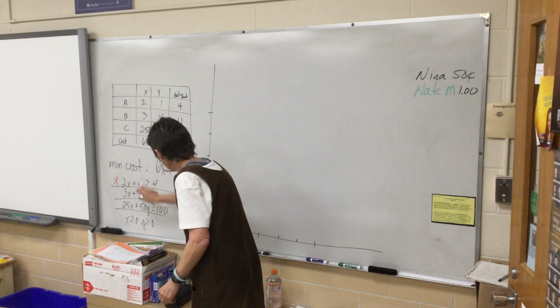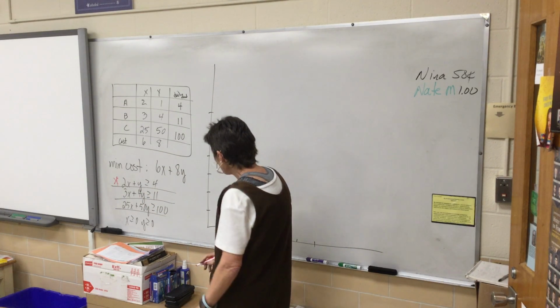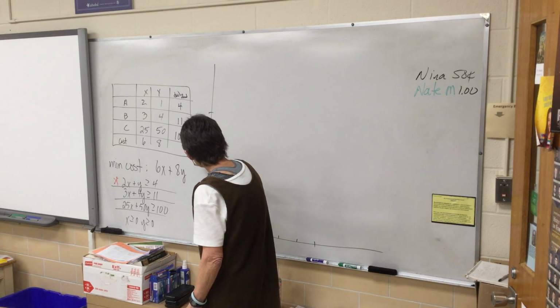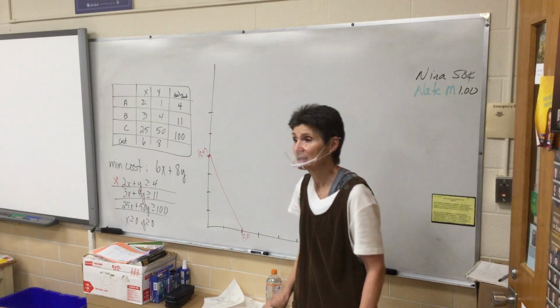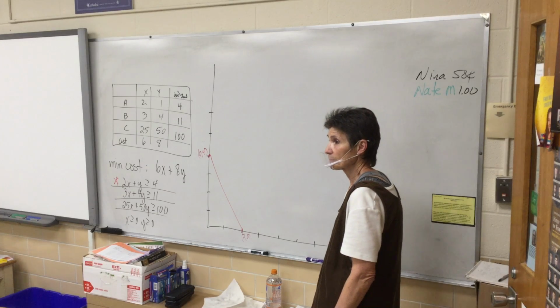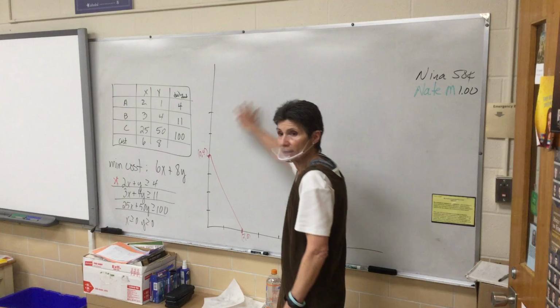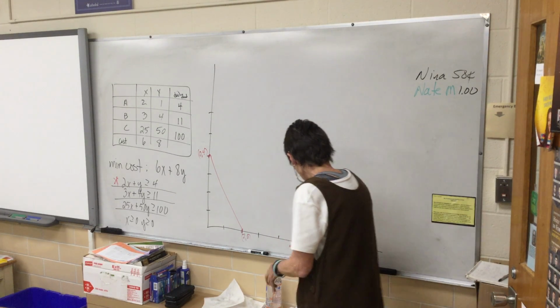If I cover up Y, it looks like X is 2. If I cover up X, it looks like Y is 4. Everybody still with me? I'm trying to hurry so I get this done. Where's that shaded? Out. All of this is shaded, right? Everything but the triangle.